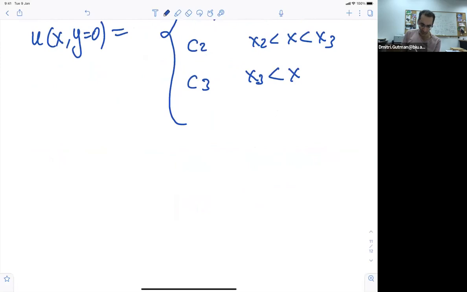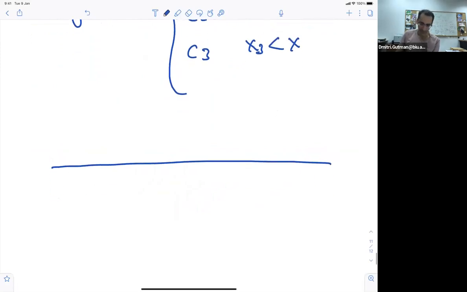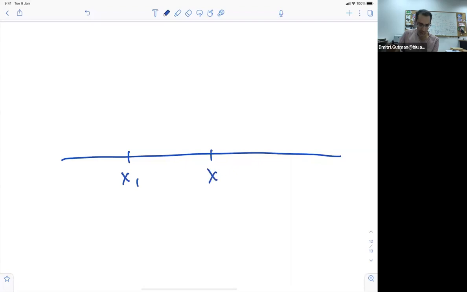So if I draw it here, this is the real axis. So there are points x1, x2, and x3. At each of these intervals, the function u has different values. Here it will be C0, here C1, here C2, and there C3. So the function jumps from C0 to C1 to C2 to C3.